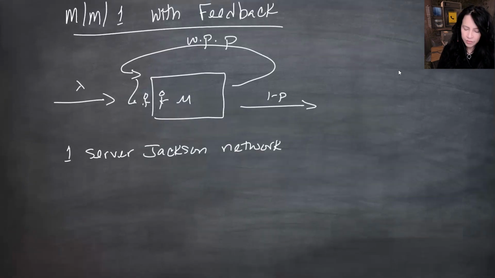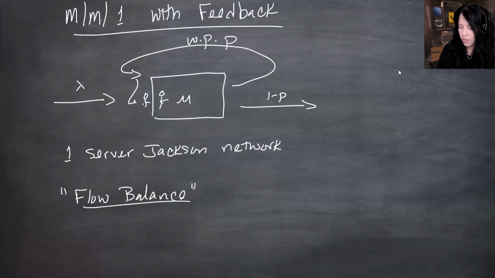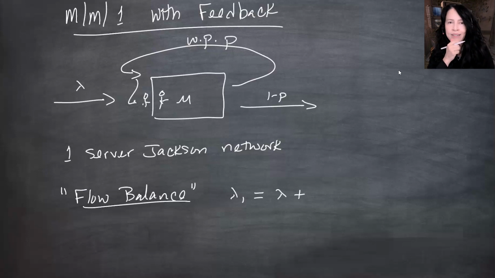And we have to solve the flow balance equations. So lambda 1 is supposed to be the rate in and out of server 1 in equilibrium. This is made up of an external stream with rate lambda, plus the departure stream from the single server, which is also rate lambda.